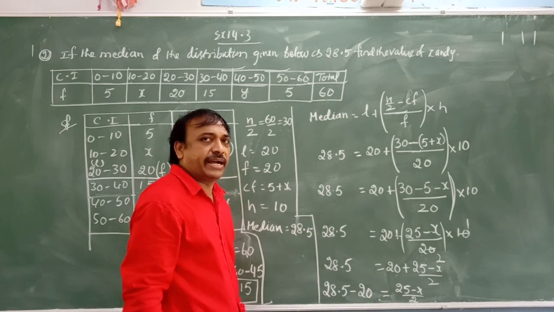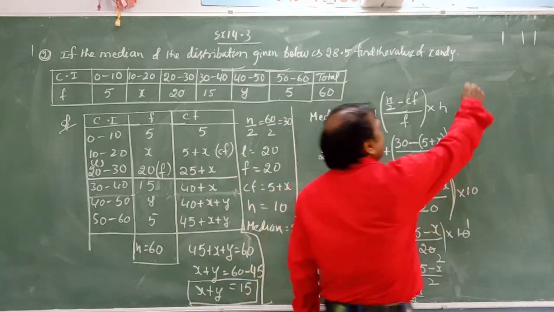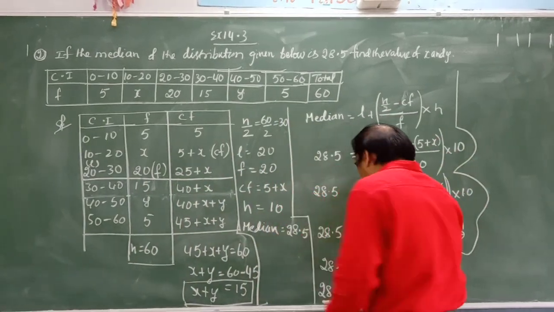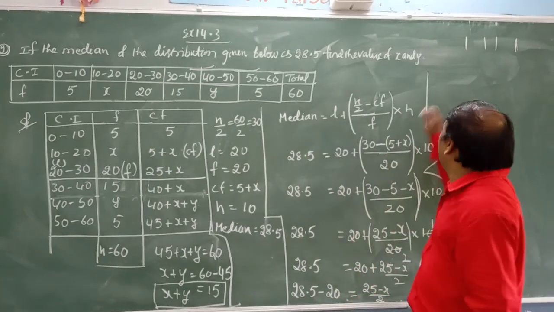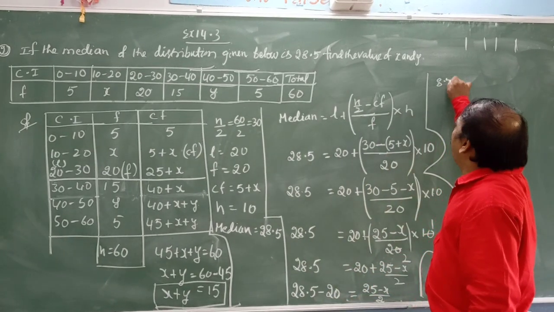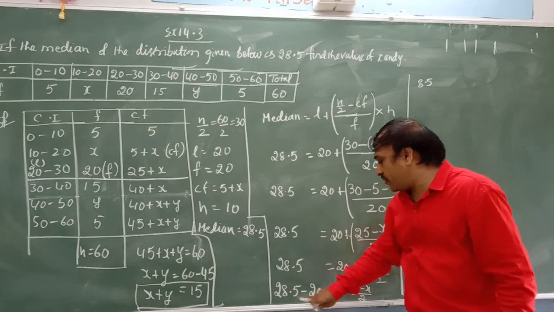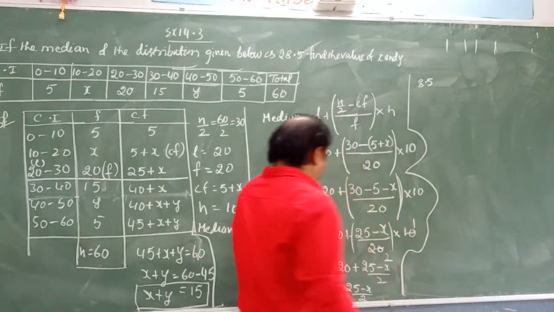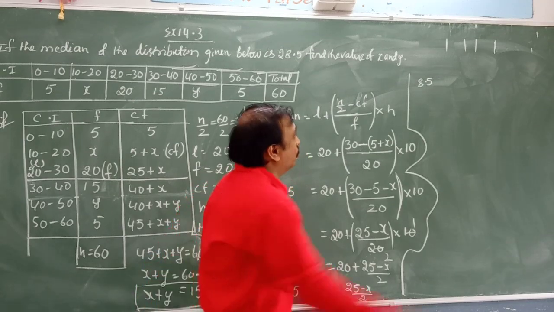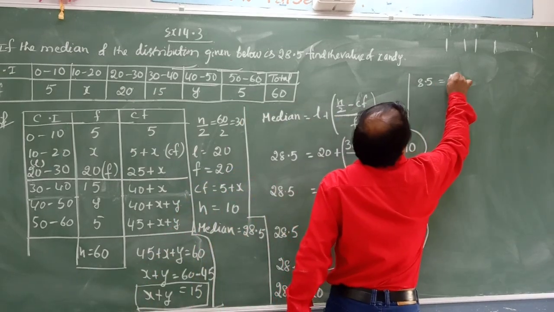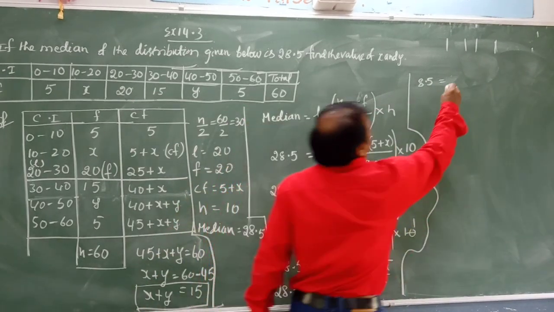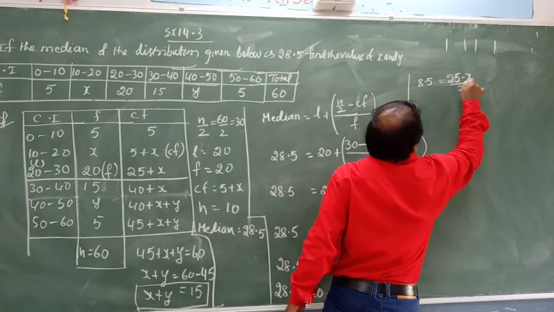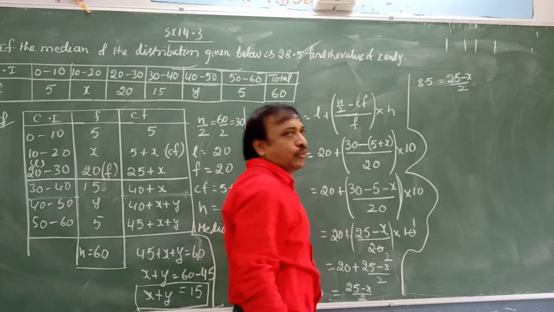Next, 28.5 minus 20 will be 8.5. Next, (25 minus x) by 2 we have, which is equal to 25 minus x by 2. This is minus x by 2.